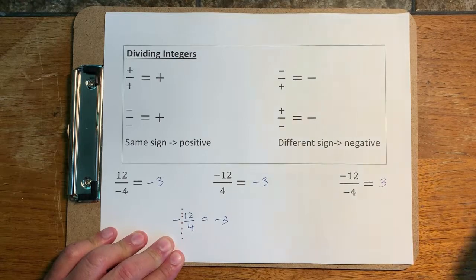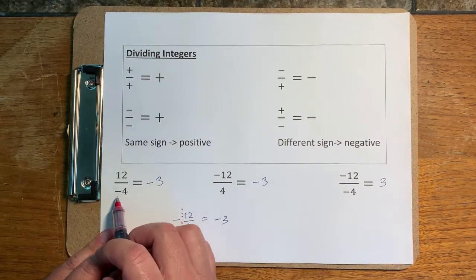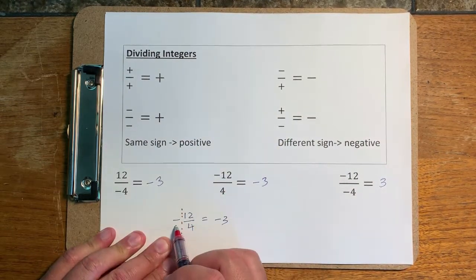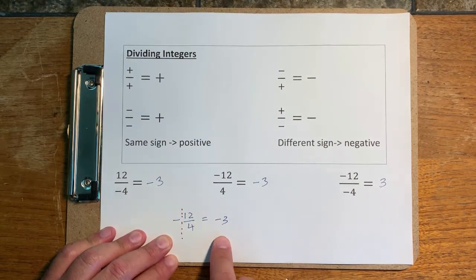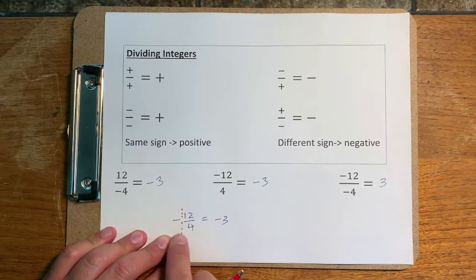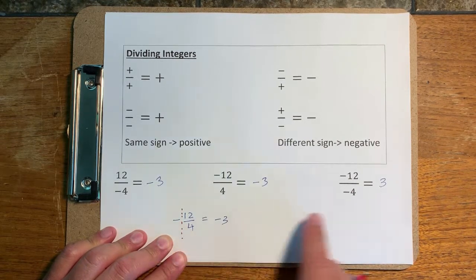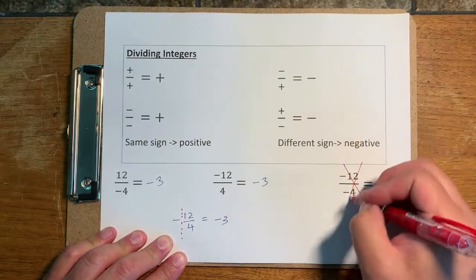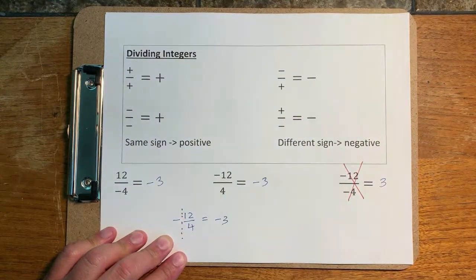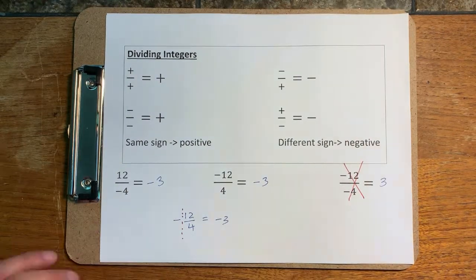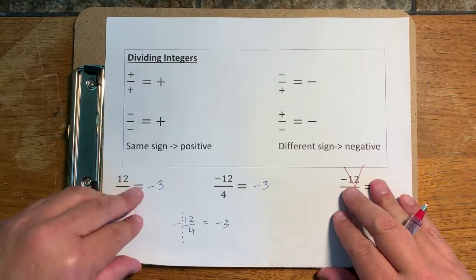And we could see that whether the negative is on the bottom, the top, or the middle, each one of these has exactly the same answer, negative 3. The only thing you can't do is split the negative into two pieces. This is the only one that's not equivalent to this, this, and this. So be careful when you're doing your algebra later in the semester.